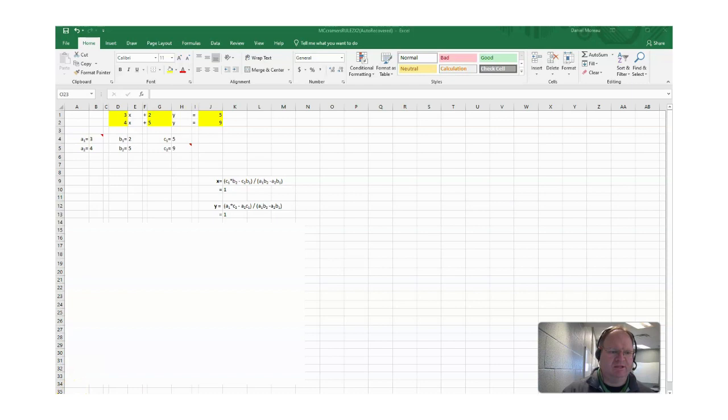So now let's look at the spreadsheet. You'll notice that I wrote the equations 3x plus 2y equals 5 and 4x plus 5y equals 9. The numbers that can be changed, I have highlighted them. I've also defined the name of each number. A1 is 3, A2 is 4, B1 is 2, B2 is 5, C1 is 5, and C2 is 9.